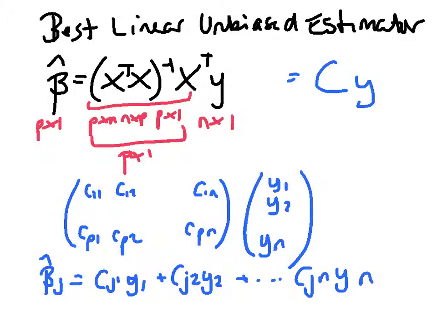So beta j is just a linear combination of the observed random variables y with terms given by c, which is what we find from this matrix here. So it's a linear estimator. Now, because y are random variables, and functions of random variables are random variables, beta hat is a random variable.